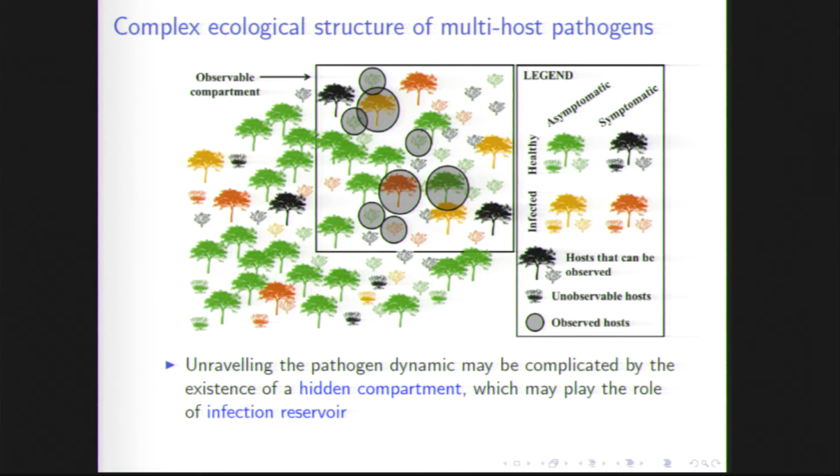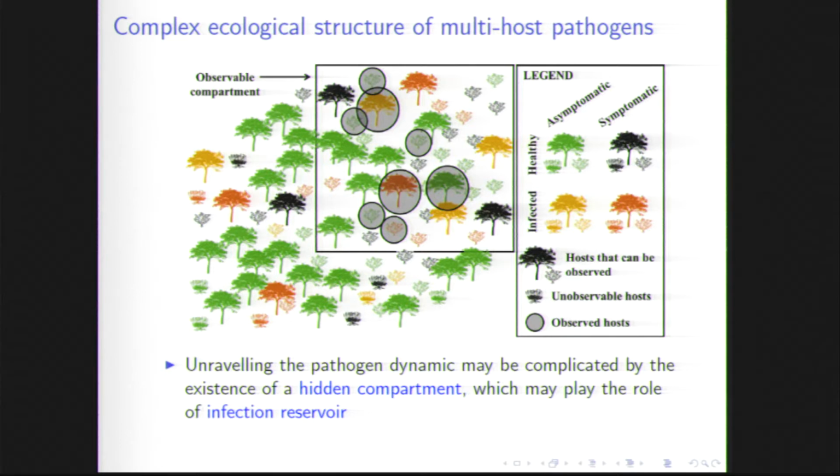And so we can suppose that there are several hosts that can be infected. Some are infected, some are healthy, some are asymptomatic, some are symptomatic. But importantly, we could also imagine that only a part of the whole host population could be observable.